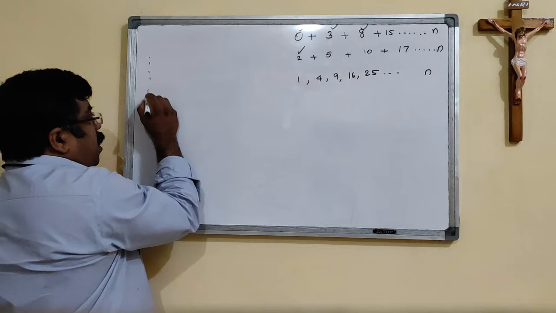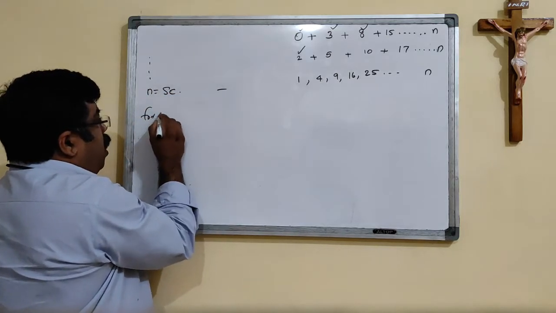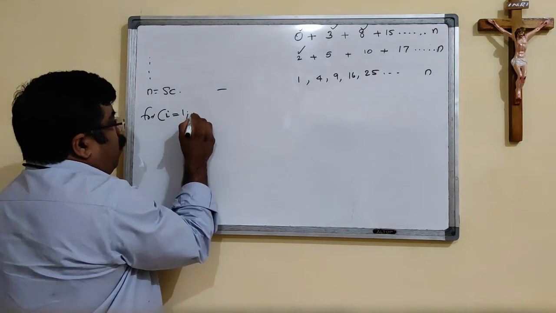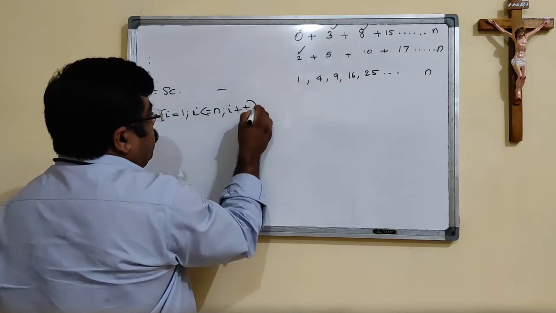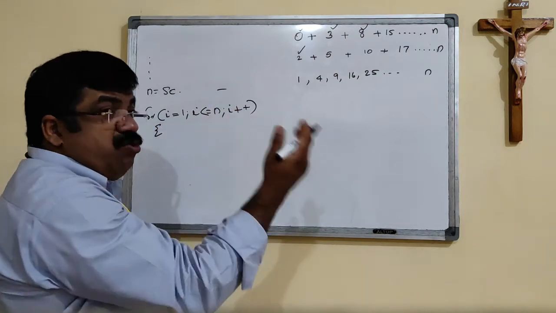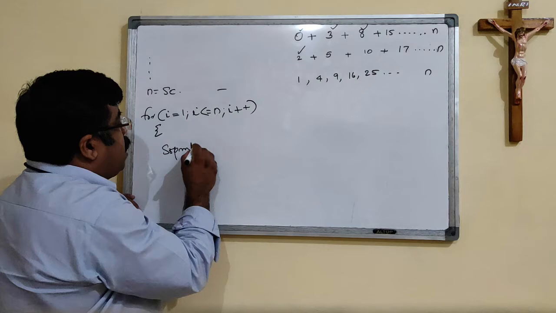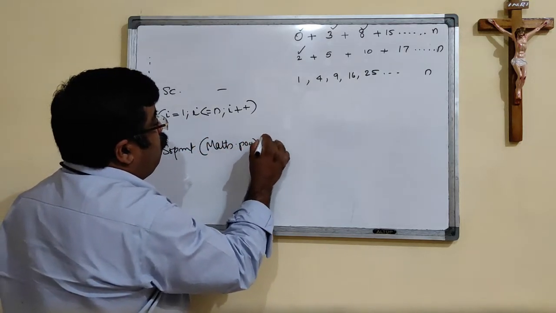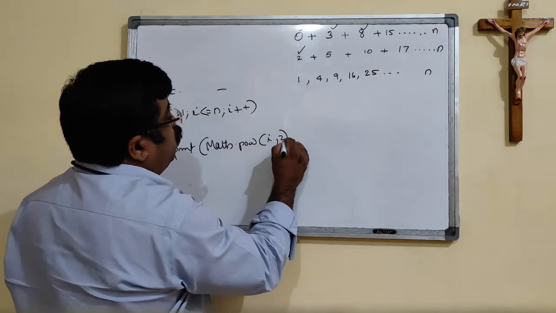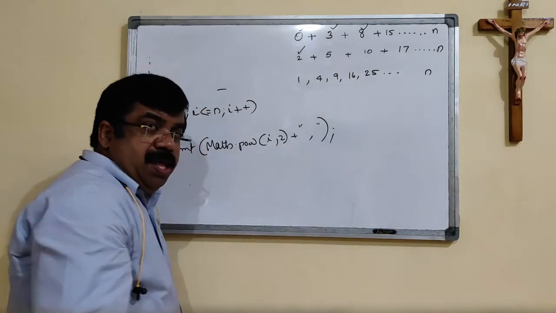As usual, n is equal to sc.next. For I equal to 1, I less than or equal to n, I plus plus. Okay, we have to print it now. So you may give SOP Math.pow of I comma 2 plus a comma.